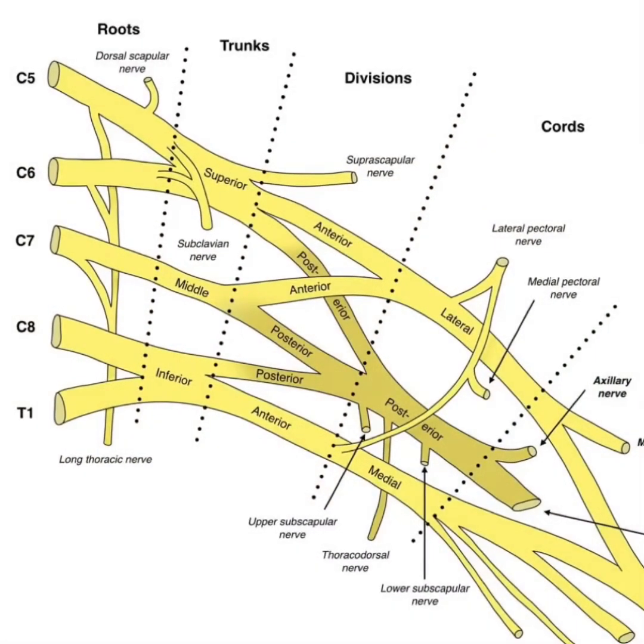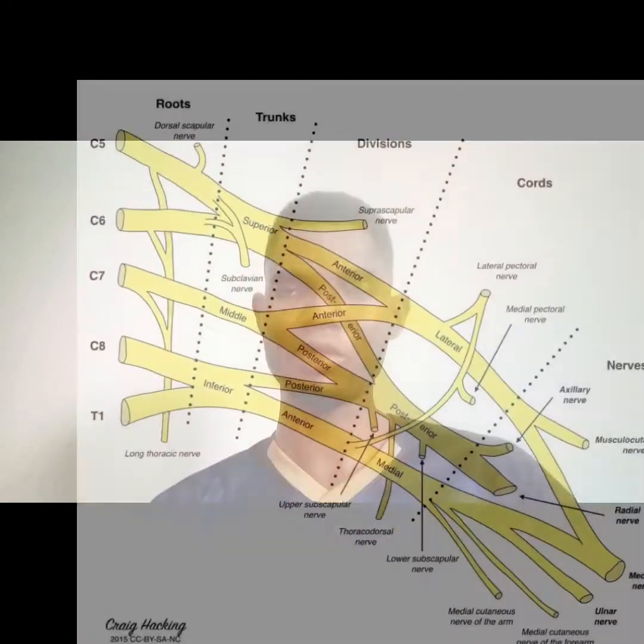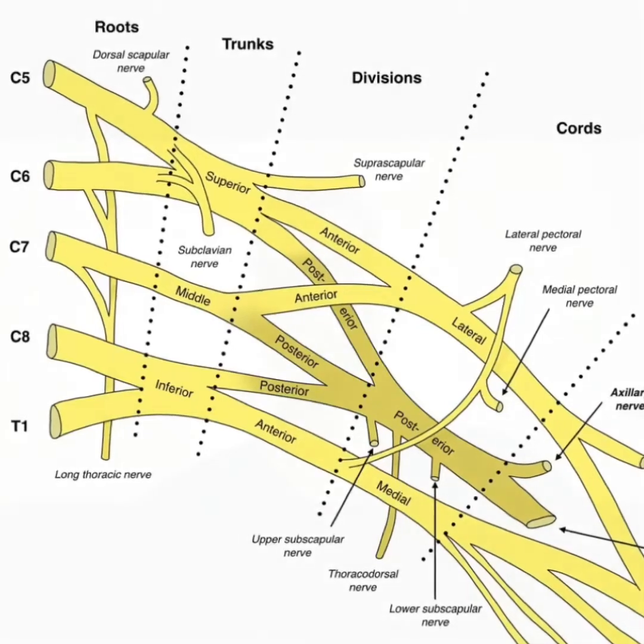The anterior division moves to the front of the neck, whereas the posterior division moves towards the back of the neck. So it simply means that we have 3 anterior divisions and 3 posterior divisions of the brachial plexus.